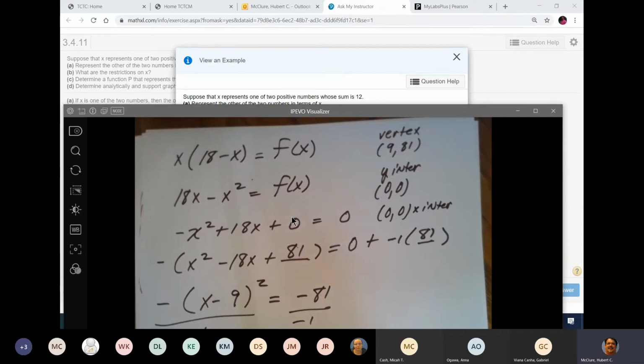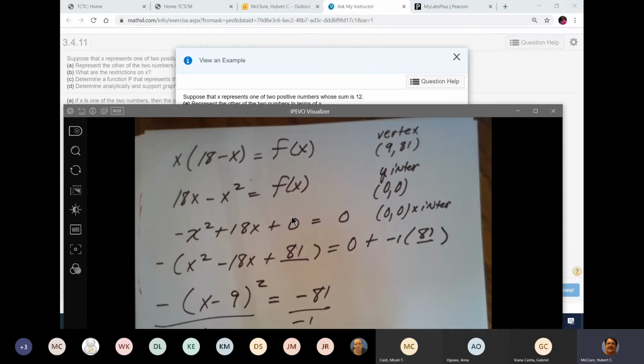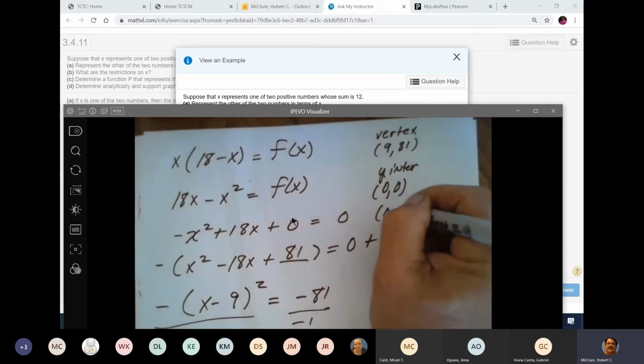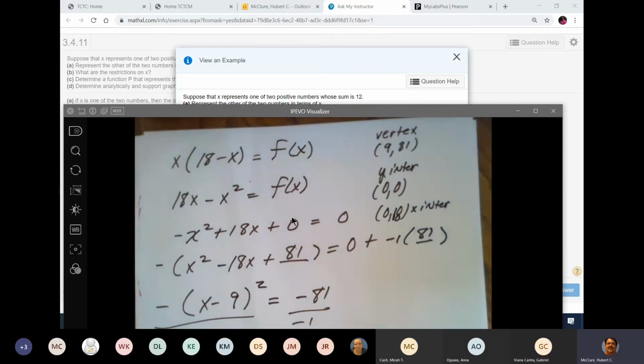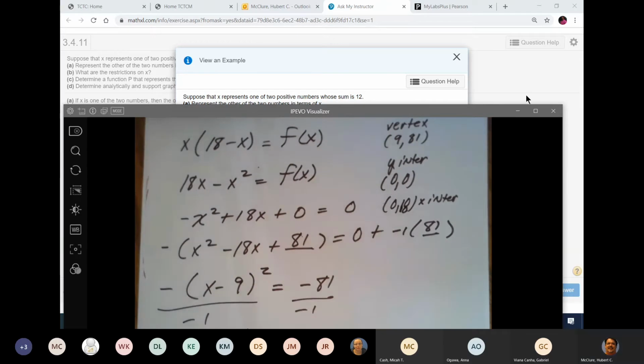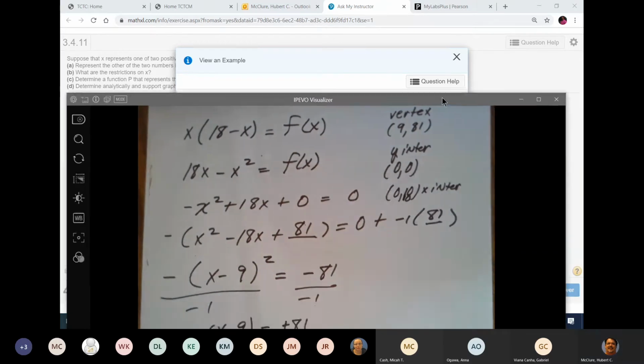That's not right. Oh, the square root is 9, so that's x minus 9 is equal to positive or negative 9. Bring the 9 over. There we go. So that's going to be 9 plus 9 is 18. So 18 and 0 are the x-intercepts. I'm sorry. There we go.